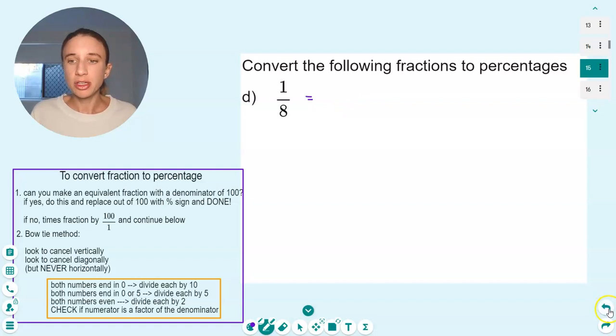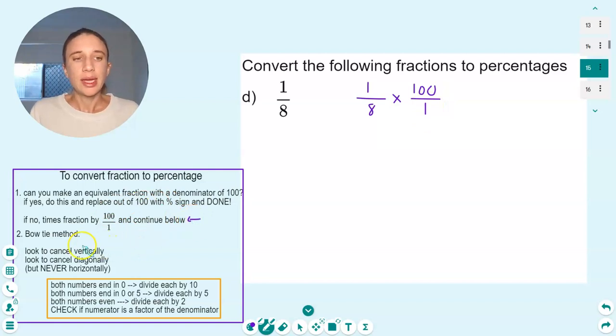But that's okay because we know the bow tie method, which we're going to go to soon. So what we've got to do, we have to times this fraction by 100 on 1. I'm just going to rewrite it over here. So I'm going to times it by 100 over 1, right?